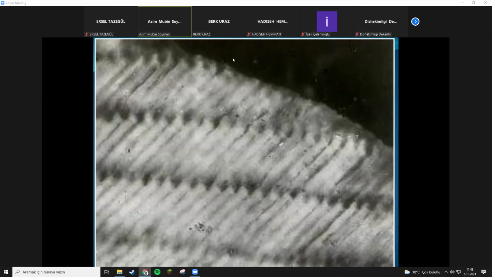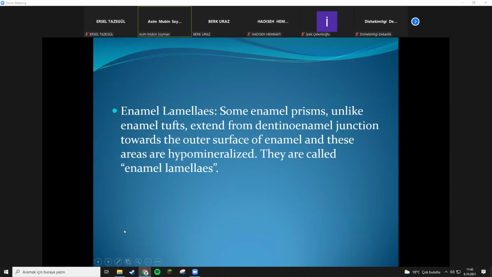Now, at the embryological stage, all the ameloblasts at the dentino-enamel junction stay side by side and start to secrete the organic matrix, and they try to reach the outer surface. After that, the calcification, I mean the precipitation of the calcium phosphate, occurs and the whole enamel is created.